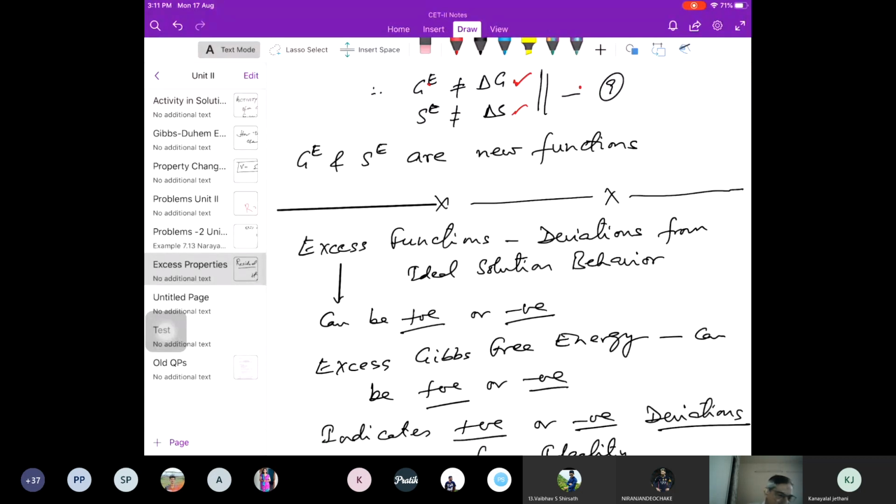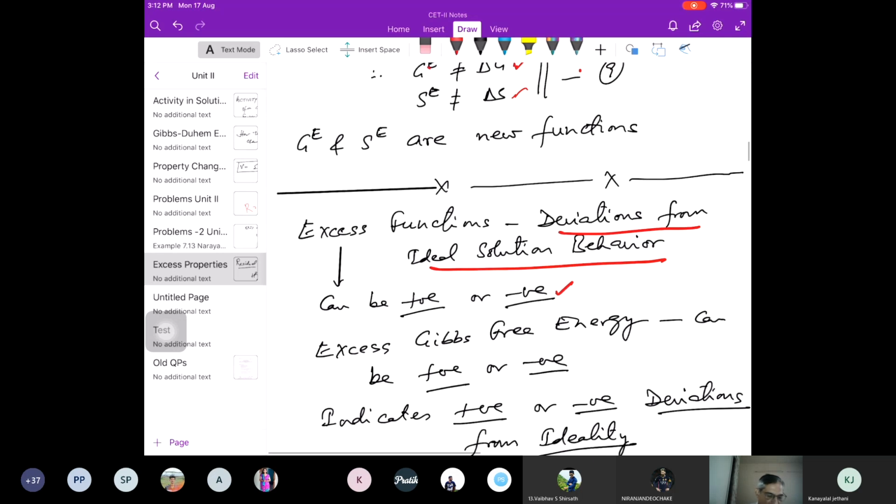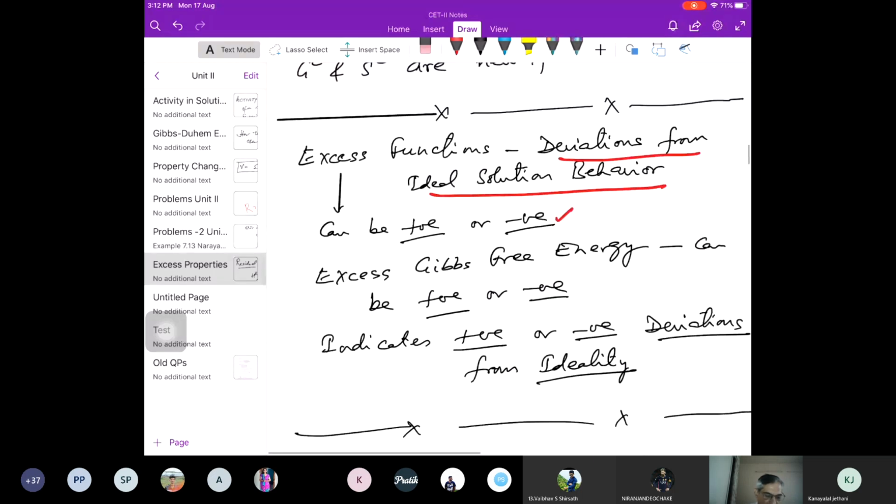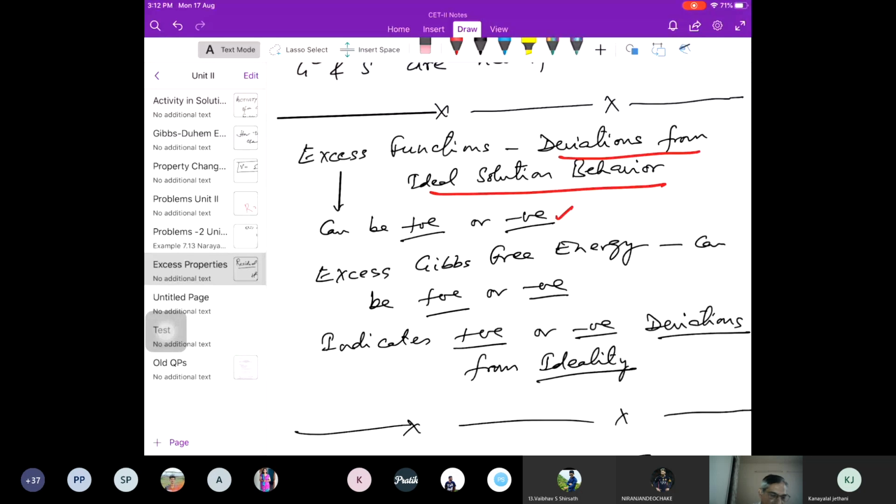We define excess function as deviation from ideal solution behavior, and excess function can be positive or negative. We'll see that. So excess Gibbs free energy can be positive or negative, and this indicates positive or negative deviations from ideality. We'll see later on how it is used.